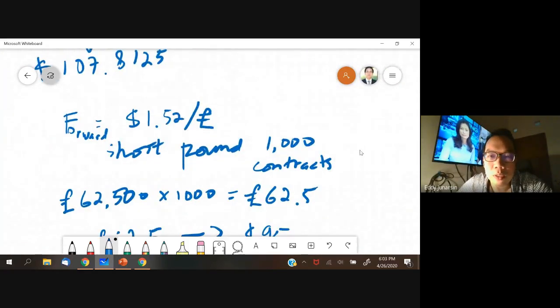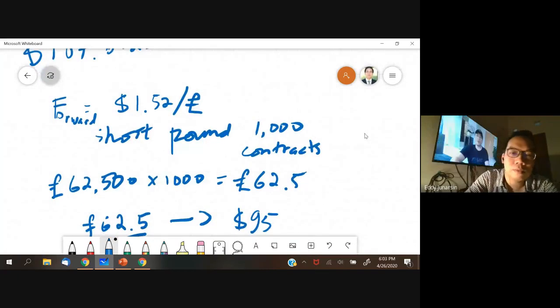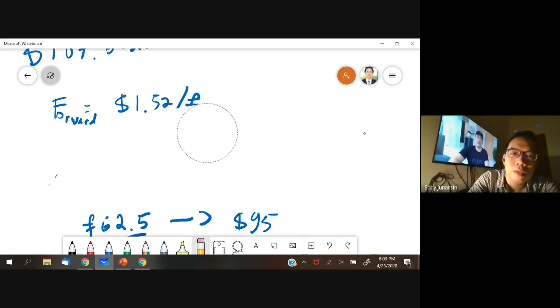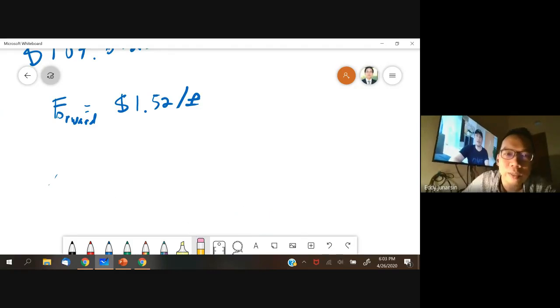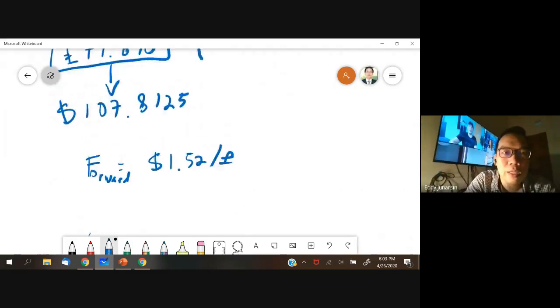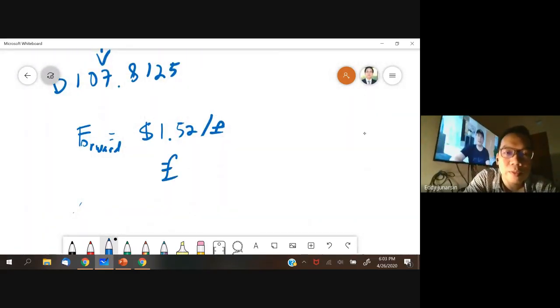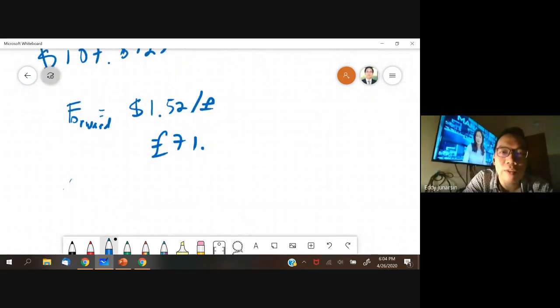So you would hedge the whole amount rather than 62.5 million. The amount that you would like to short would be 71 million point 875.